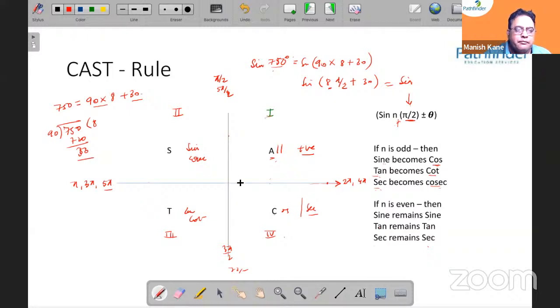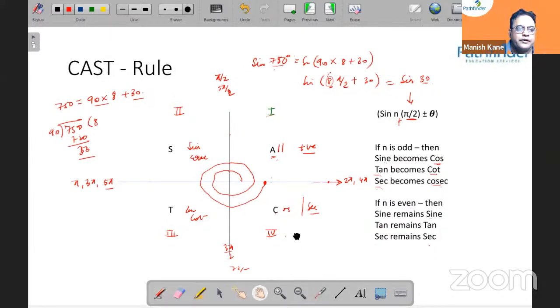See, pi by 2 once, 2, 3, 4, 5, 6, 7, 8. So you have reached 8 pi by 2 here, and 8 pi by 2 plus 30 will lie in the first quadrant, which means all are positive, so sine will be positive. And since n is even, sine will remain sine. So I will write this as sine of 30. That is how you change angles.